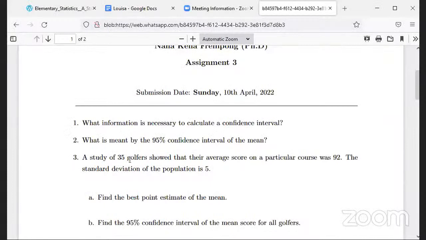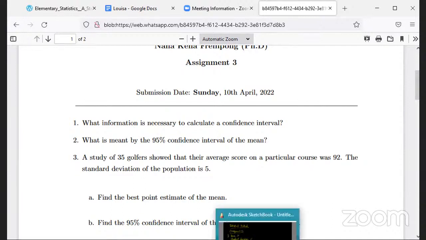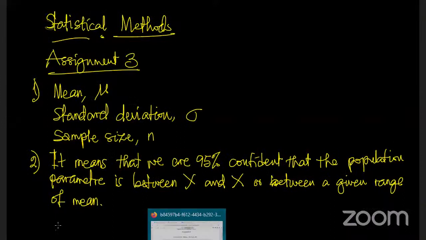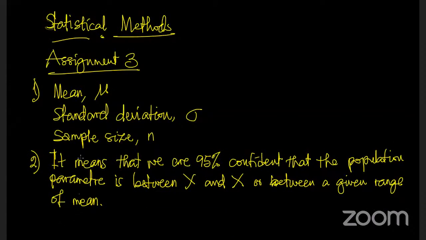A study of 35 golfers showed that their average score on a particular course was 92, right? The standard deviation of the population is 5. Let's take data first before we start.